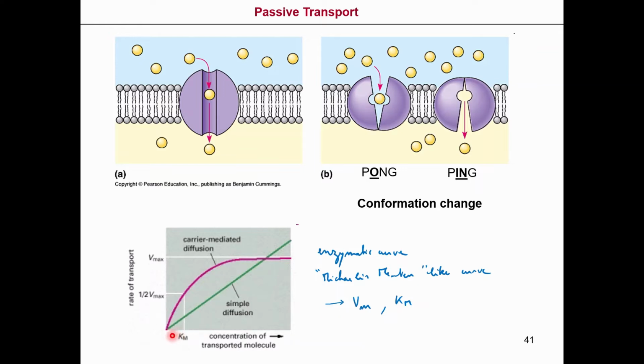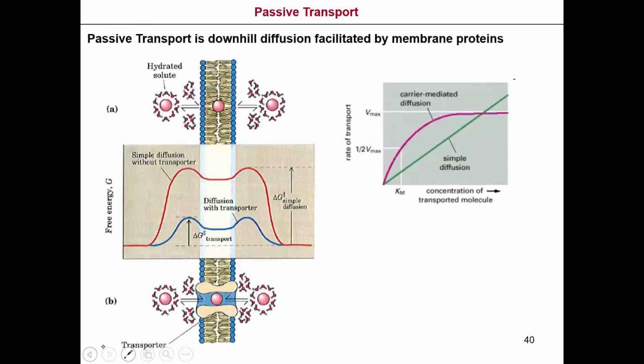The transporter has the same behavior as the enzyme, but it cannot transform the substrate into another molecule. It just transports the molecule. This is the same molecule inside and outside.